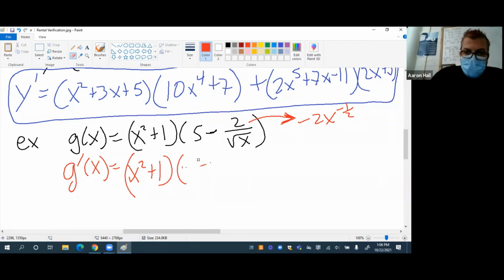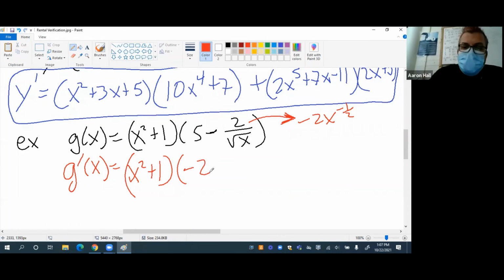So we take this exponent and multiply it by the negative 2.